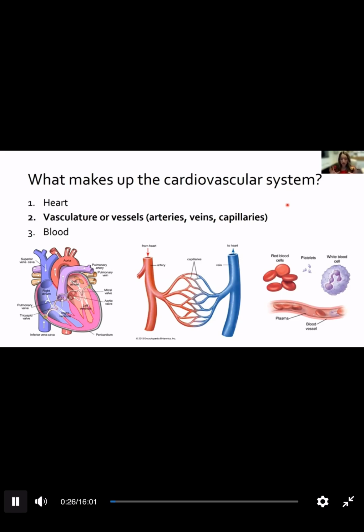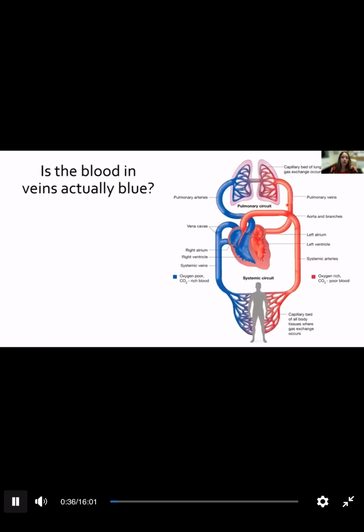So we often talk about vessels, but these can be broken down into different components, namely the arteries and the veins and the capillaries. Before I go any further, I've been showing you documents and diagrams that have certain aspects of the cardiovascular system depicted in red and certain aspects depicted in blue.